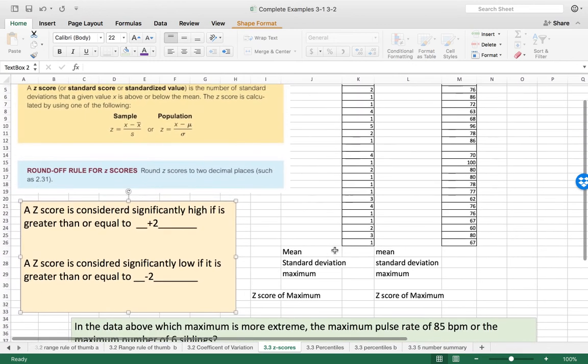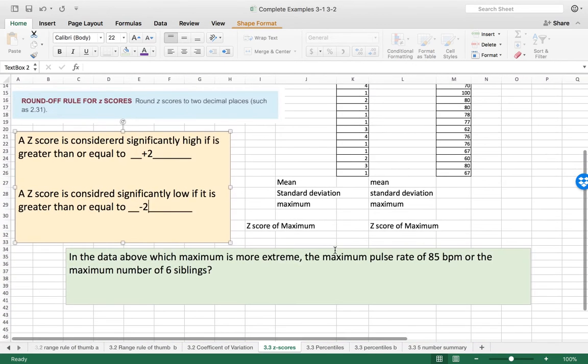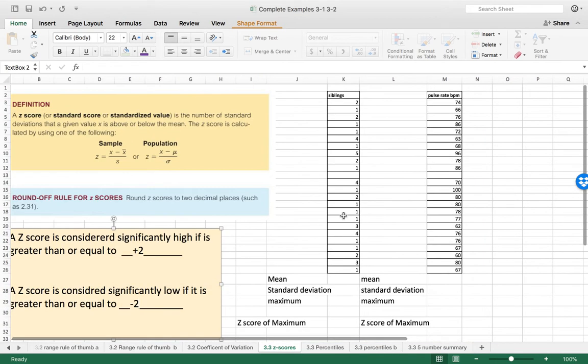So let's see if we can answer this question. In this case, we've got our number of siblings for our 23 members of our class, and our pulse rates for the 23 members of our class, and they don't really have anything in common.